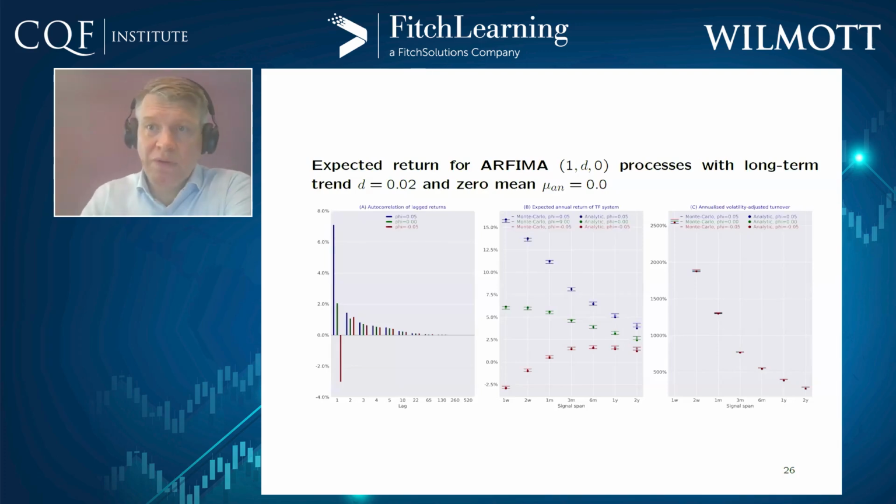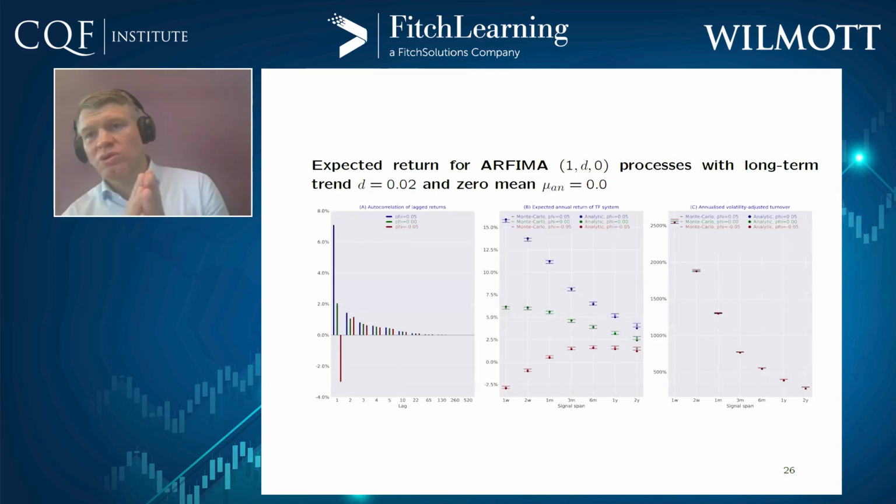And you can see that even if short-term autocorrelation is negative, that markets are mean reverting in the short term, but in the long term they follow the trend, we get positive performance at a higher signal span. The signal span for a trend following system is how frequently we should rebalance the system. And of course, the best combination is when markets are trend following in both short and long term. But also the green line: if we don't have anything in the short term, no autocorrelation, but long-term autocorrelation is present, it is potentially still profitable.